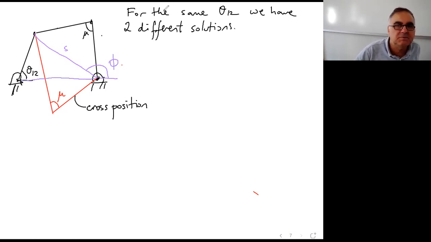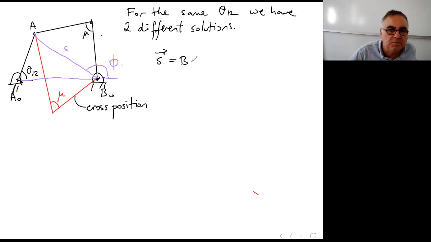Let's look at this triangle now, A0, A, B0. We can find phi directly without finding phi prime as follows. We can say that, for example, S as a vector is equal to B0A.